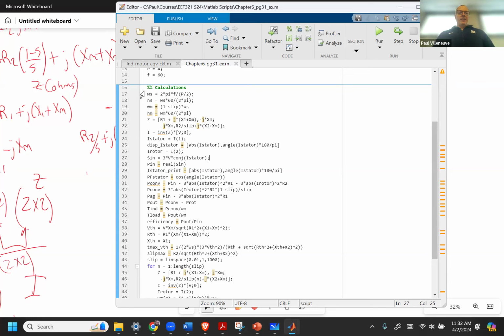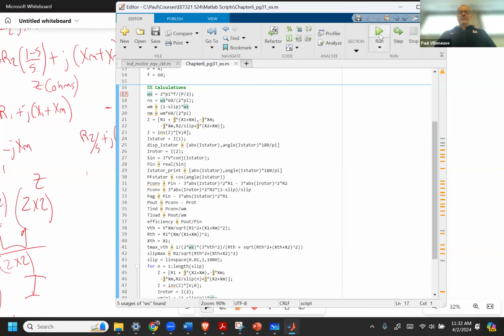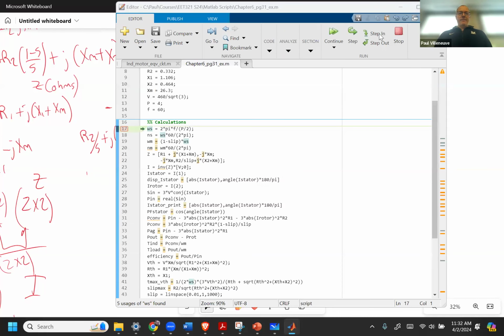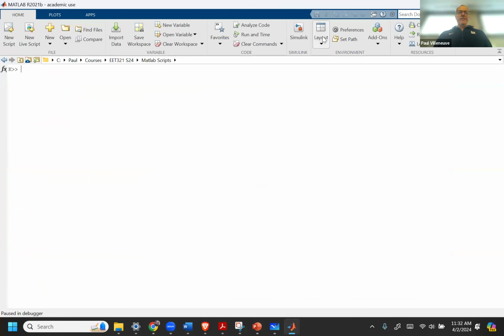Okay. So I'm going to go ahead and start simulating from here. I'm going to set my breakpoint. Start running. Try to make it smaller.